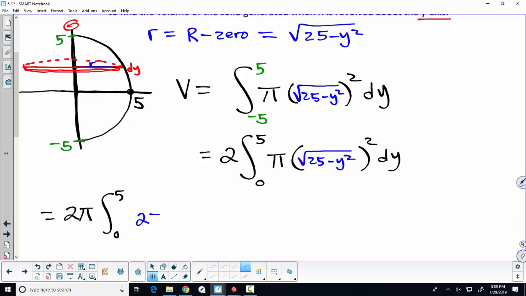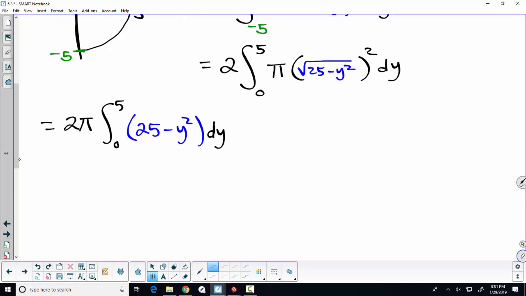So we're just integrating 25 minus y squared with respect to y. Everybody okay with that? We saw a very, very similar example just previous to this.